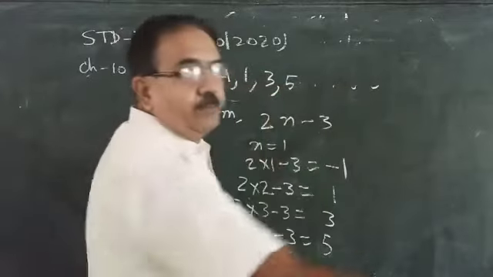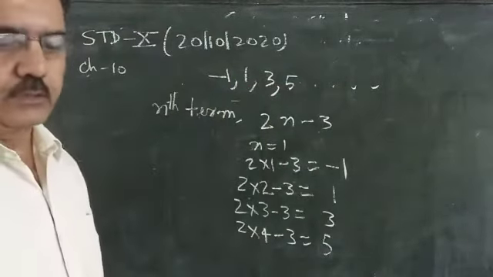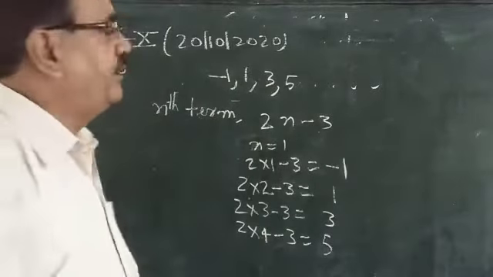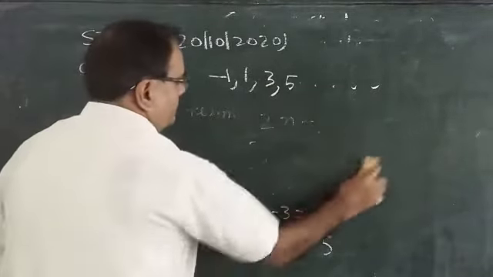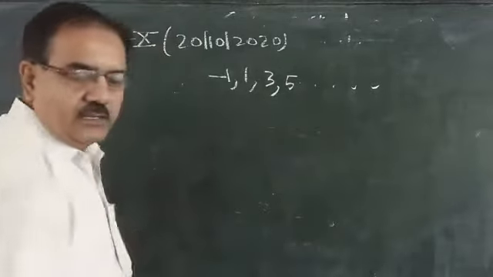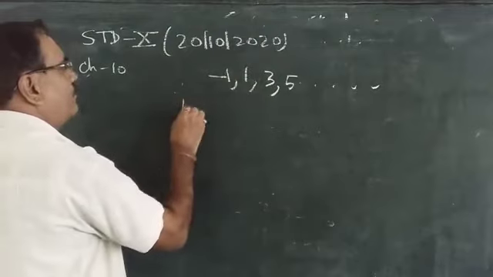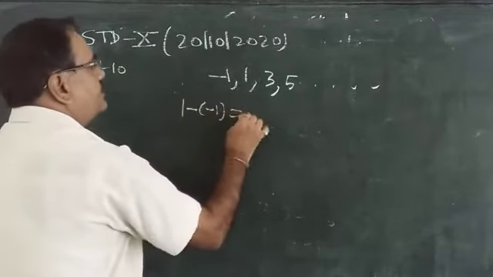Check whether it is an AP or not, arithmetic progression or not. How to check? You have to see the common difference. What is the common difference? Second minus first, 1 minus minus 1, that is 2.